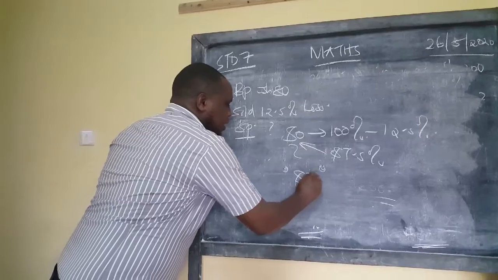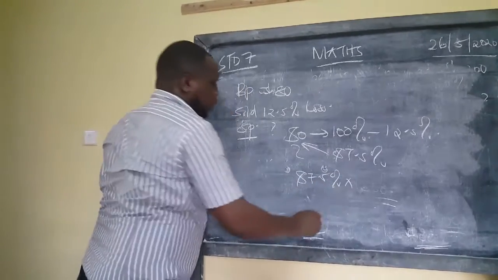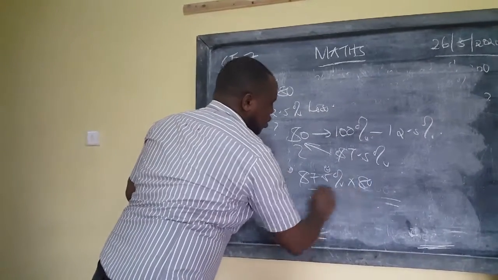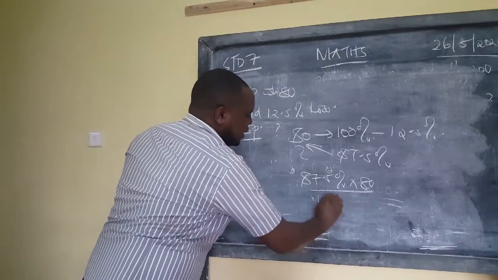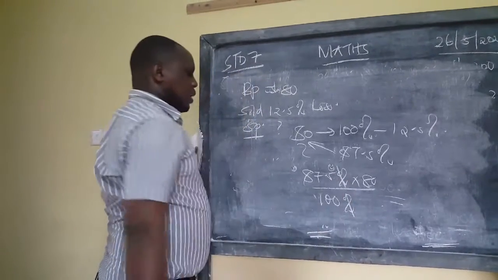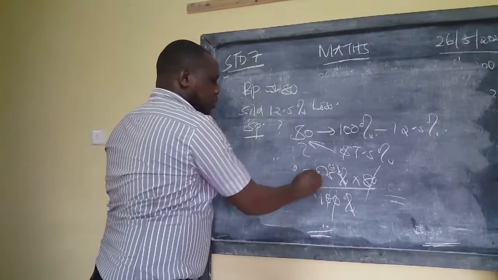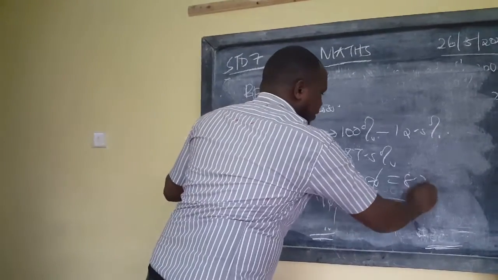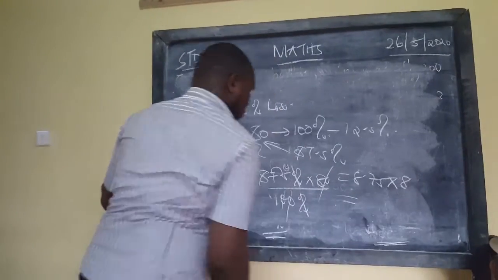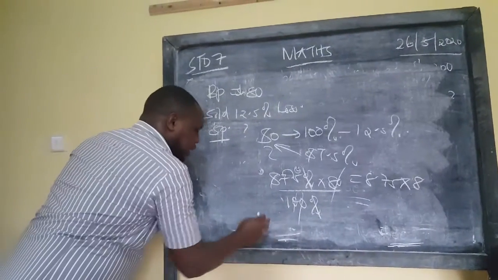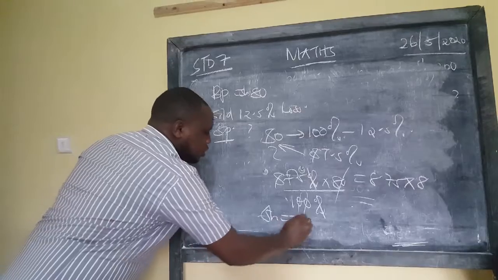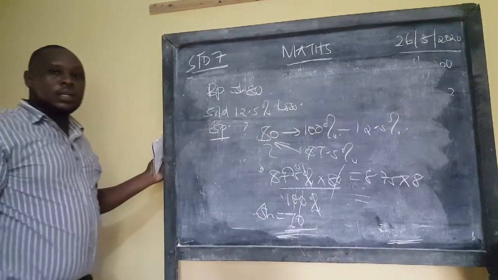This will give you 87.5% multiplied by 80 shillings over 100%. Percentage and percentage will cancel. Because we are dividing, it becomes 8.75 times 8. If you do the calculations well, this is going to give you 70 shillings.